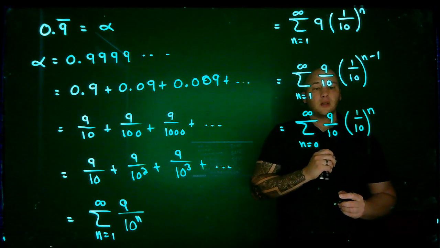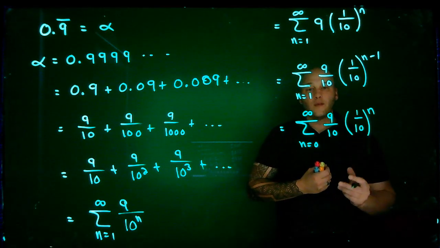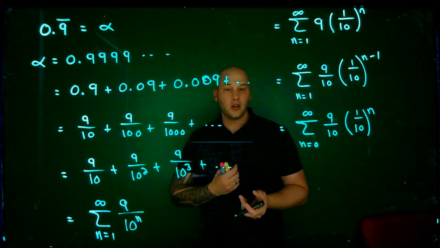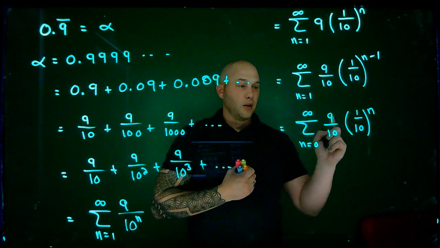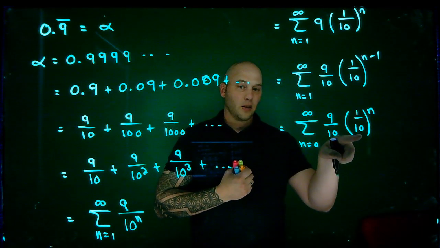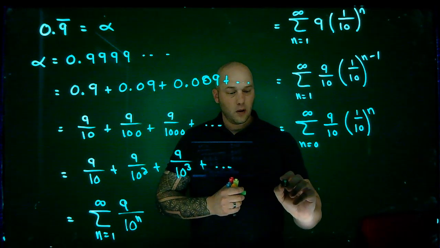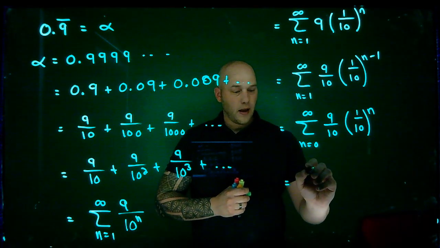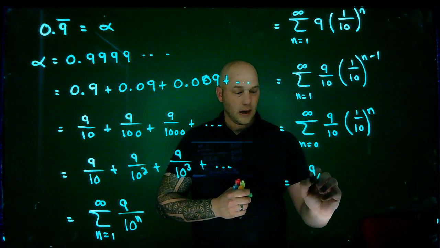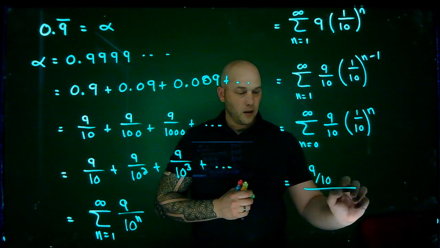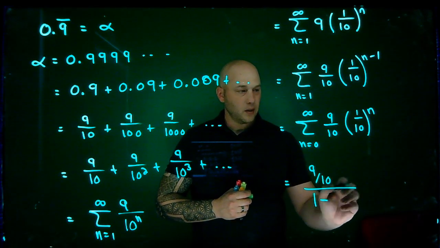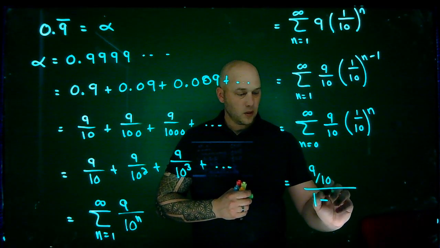This is a geometric series, and there's a well-known formula for the value of a convergent geometric series. Notice that the value of r in this case is 1/10, whose absolute value is less than 1. Again, therefore, it converges. This is equal to the value of a, so the coefficient, 9/10, divided by 1 minus the value of r, so 1 minus 1/10.